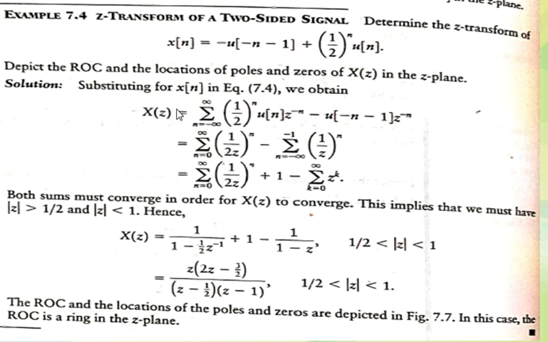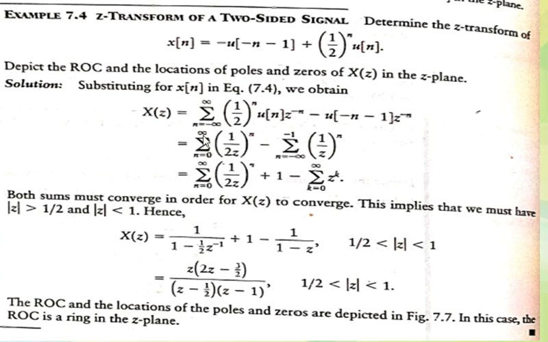Now we go for writing the Z transform equation. The summation, the x of n's value is substituted. First this one is written, half raised to n u of n z raised to minus n, and minus u of minus n minus 1 into z raised to minus n.